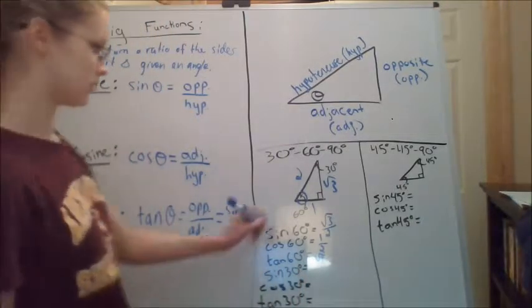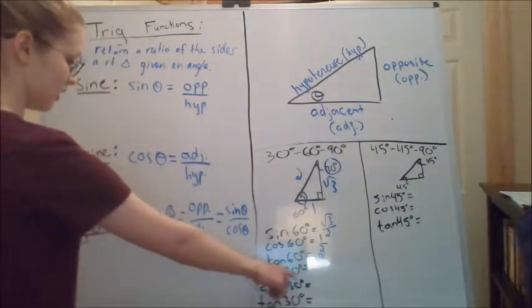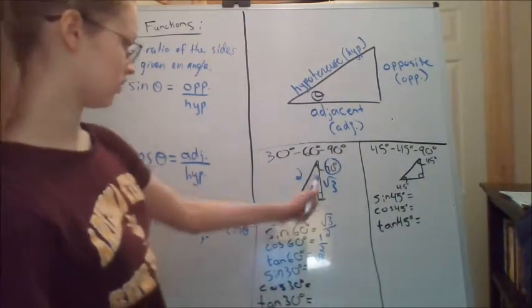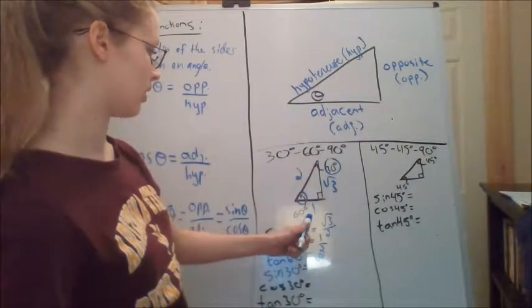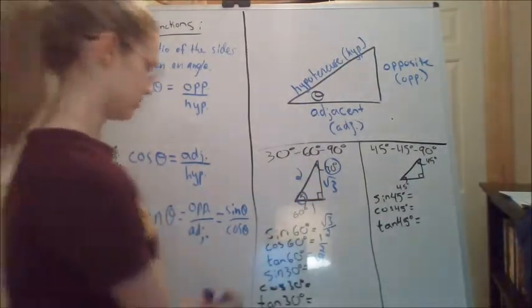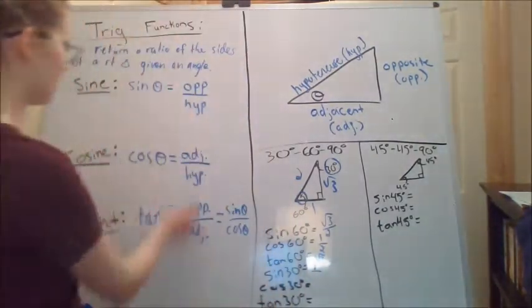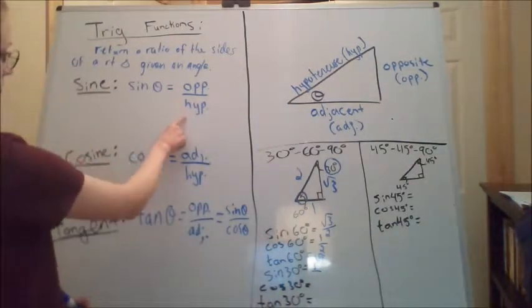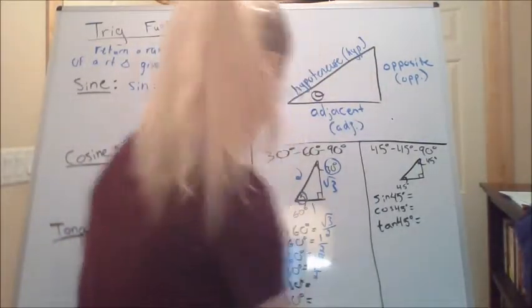To calculate the sine of 30 degrees, we go straight across the triangle to find our opposite side, which is 1, divided by our hypotenuse, 2. So sine of 30 degrees is 1/2.